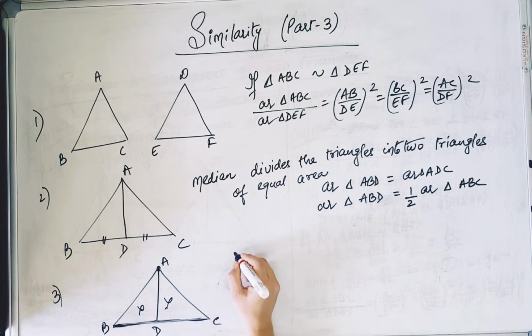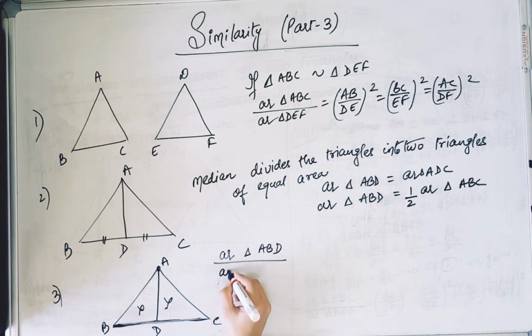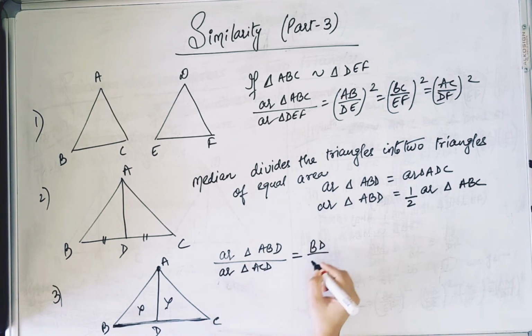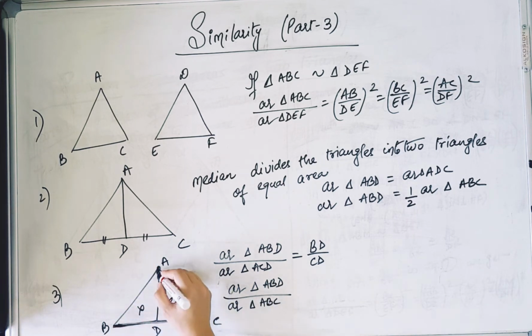So in this we can write area of triangle ABD by area of triangle ACD equals BD by CD. But if I take area of triangle ABD upon area of triangle ABC, because I am taking the full triangle, the vertex is the same and the bases are lying in the same straight line.